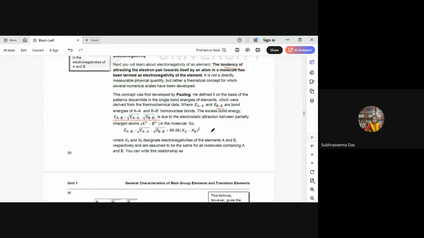Suppose A acquires a slight delta positive charge and B acquires a slight delta negative charge.